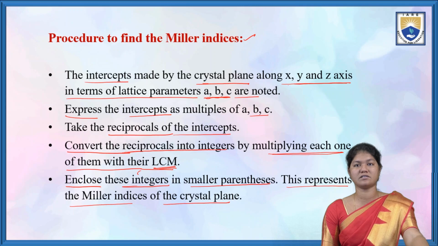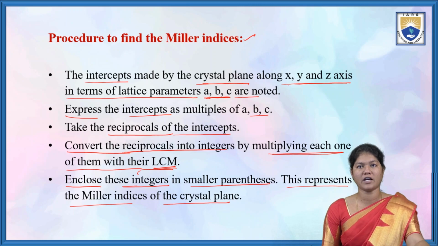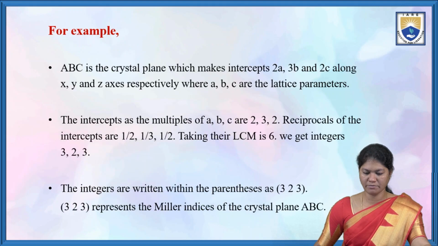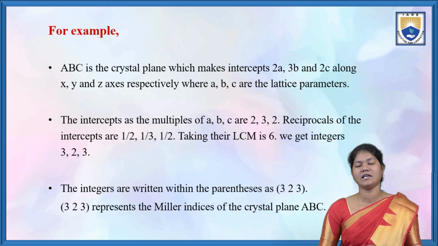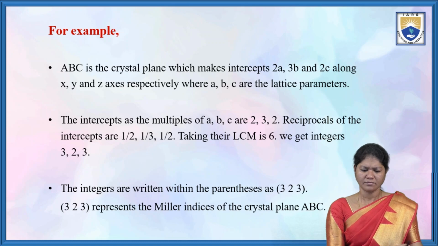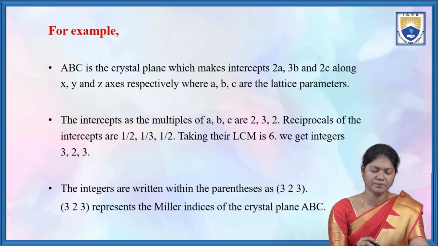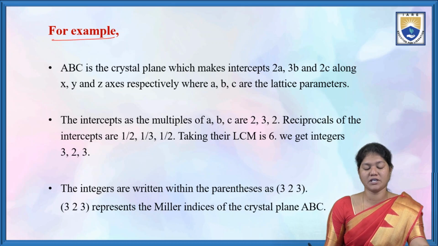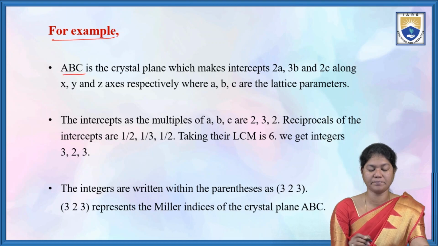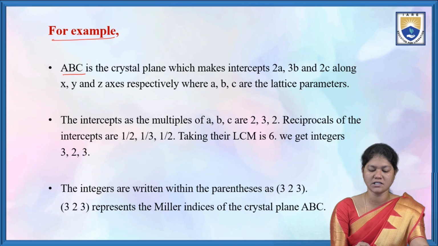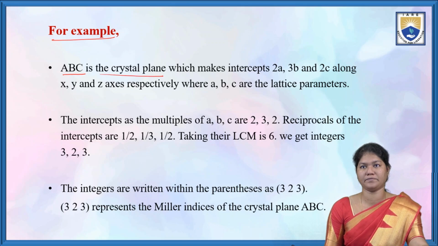So these are the steps to find the Miller indices. We will take an example so that we can understand clearly. Here, for example, I am taking abc as the crystal plane.